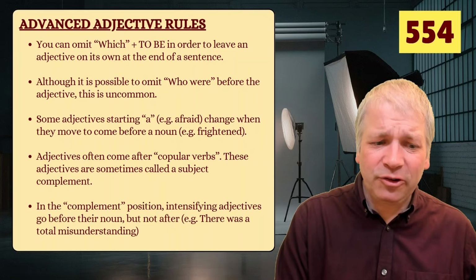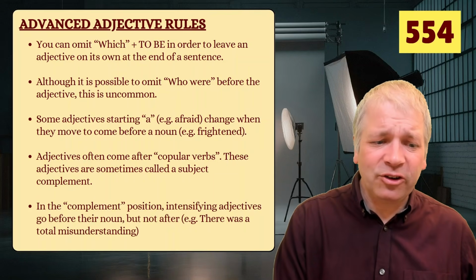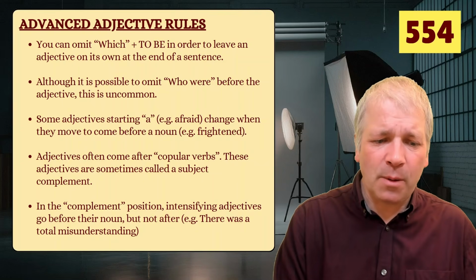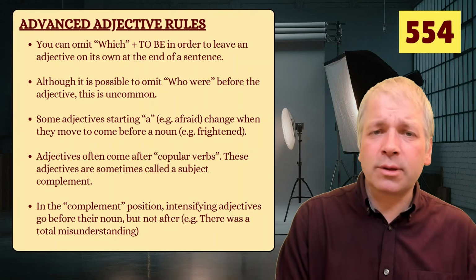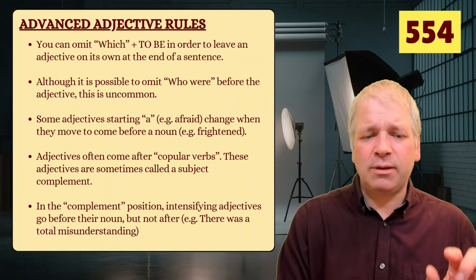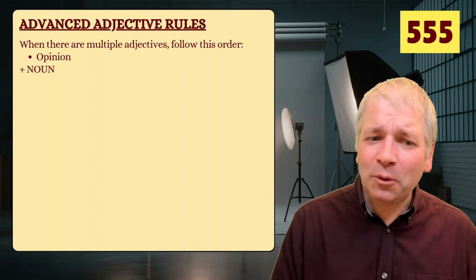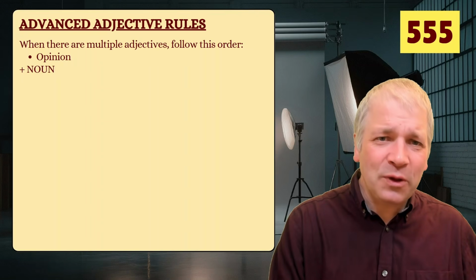In the complement position, intensifying adjectives go before their noun but not after. For example, there was a total misunderstanding. So total needs to go before misunderstanding in this situation. When there are multiple adjectives, follow this order.